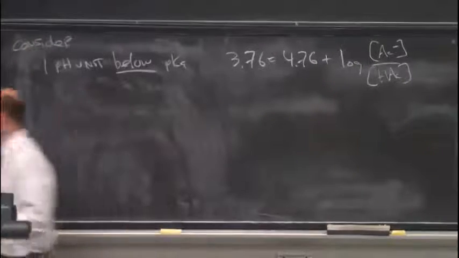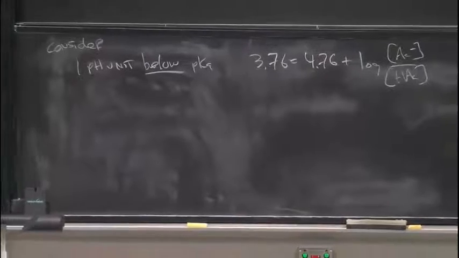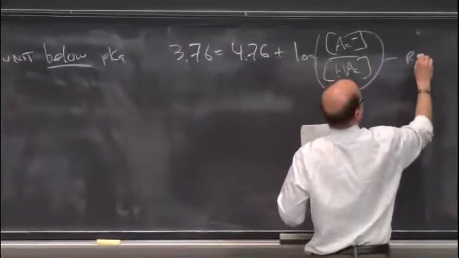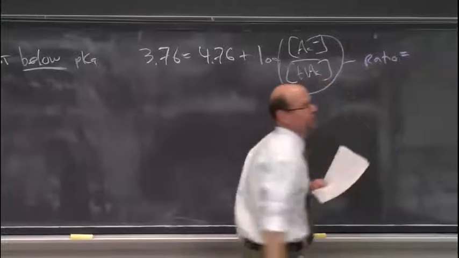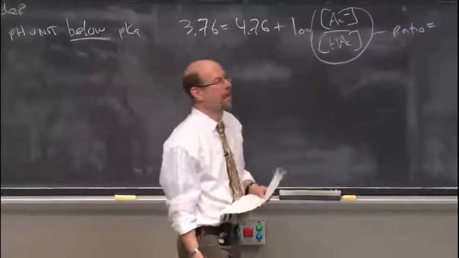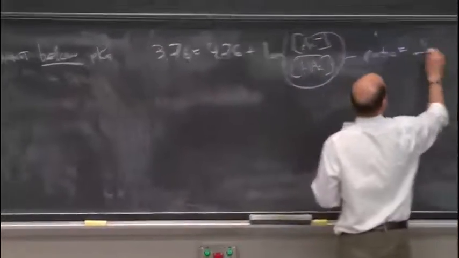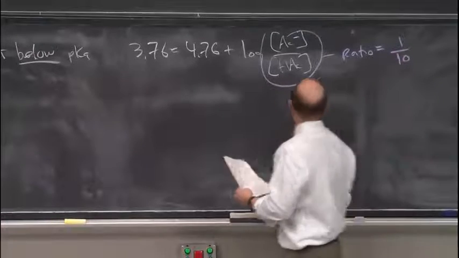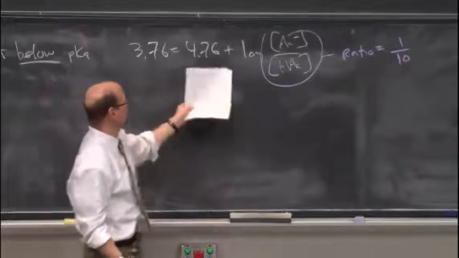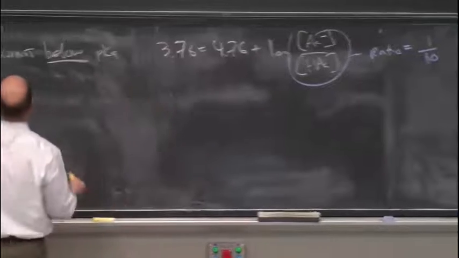And once again, you're going to tell me what the ratio must be. So what's the ratio equal to? 1 to 10, right? Because the logarithm of 1/10 is -1, and 4.76 minus 1 is 3.76.